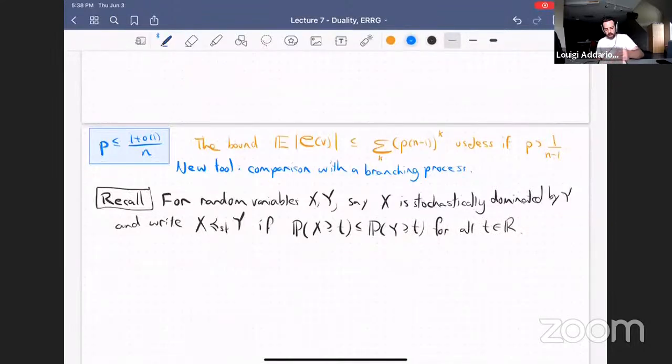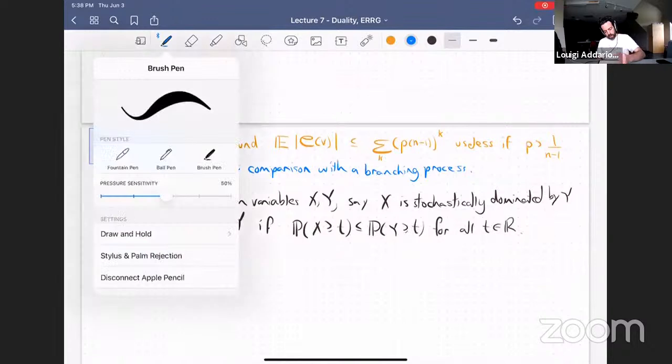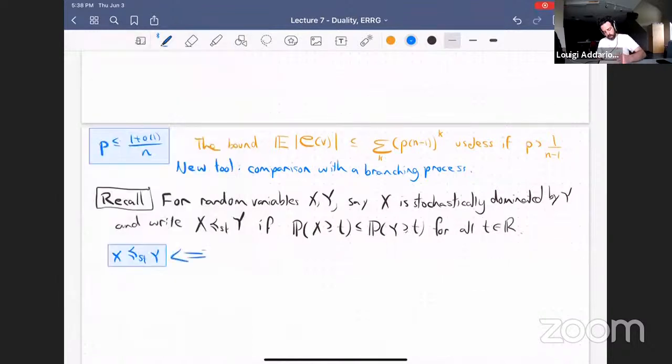Equivalently, X is stochastically at most Y if and only if there's a coupling of these random variables.